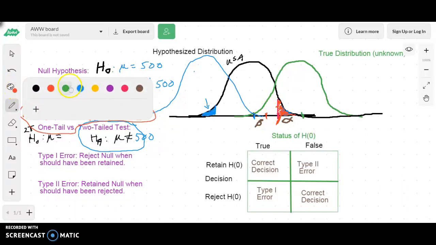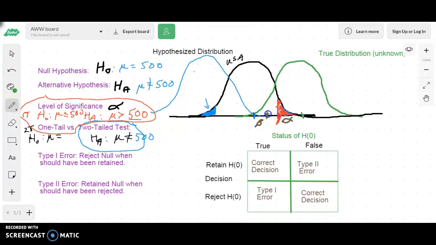And if that's the case, it doesn't look very different than the mean that we had in the United States. And therefore, we're going to say, you know what? We don't think it's significantly different. We don't have enough data to say that New Jersey's different than the 500. So we're going to have to stick with the idea that our null hypothesis is true.